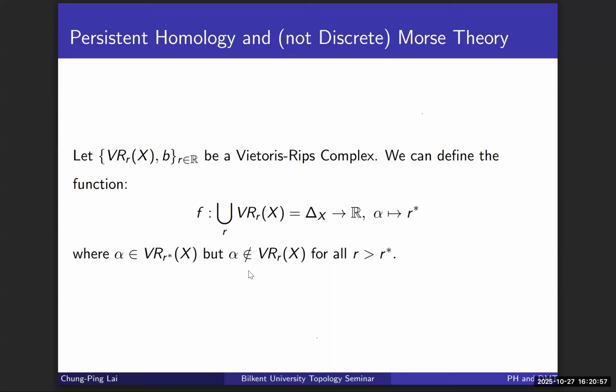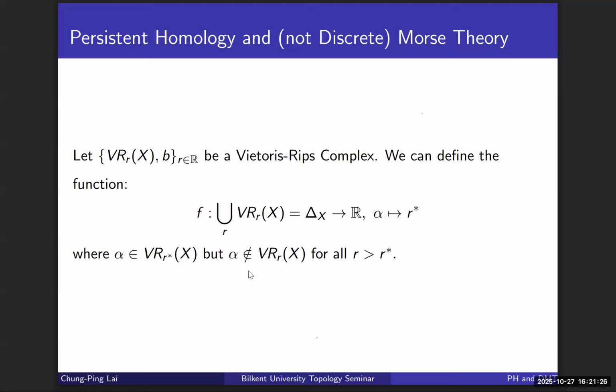The reason we are allowed to do that is that, assuming we have finitely many vertices to begin with, the Vietoris-Rips complex only changes finitely many times as we increase the radius from 0 to infinity.